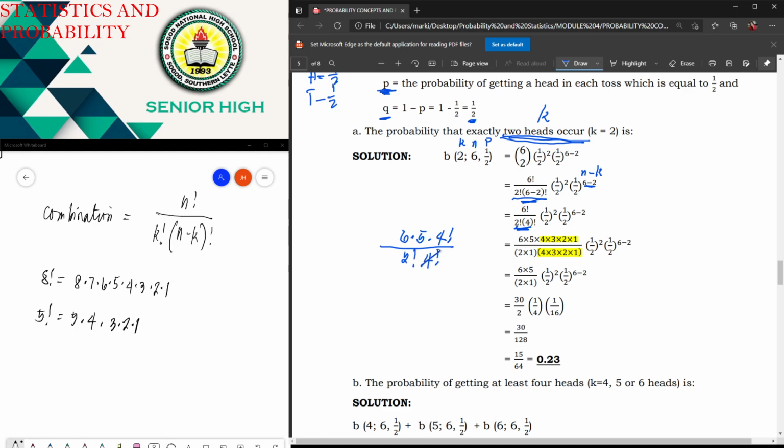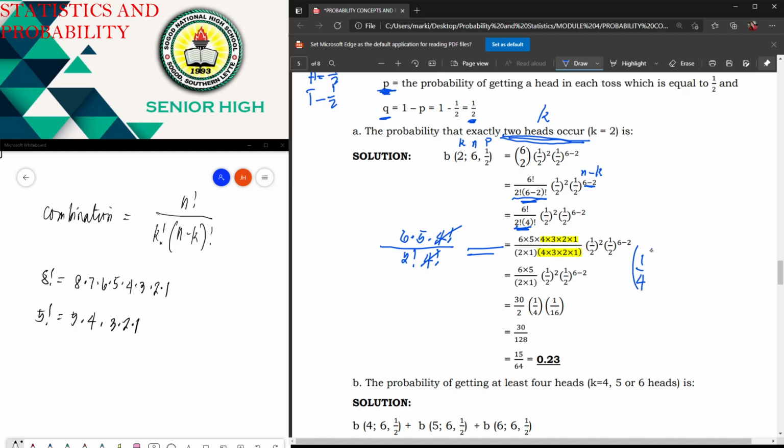You can simply cancel the 4 factorial, and you have remaining 6 times 5 over 2 factorial, which is 2 times 1. I hope it's clear to you. How did we get 30? That is 6 times 5. 2 times 1 is 2. Then 1/2 squared is 1/4. Then how did we get 1 over 16?